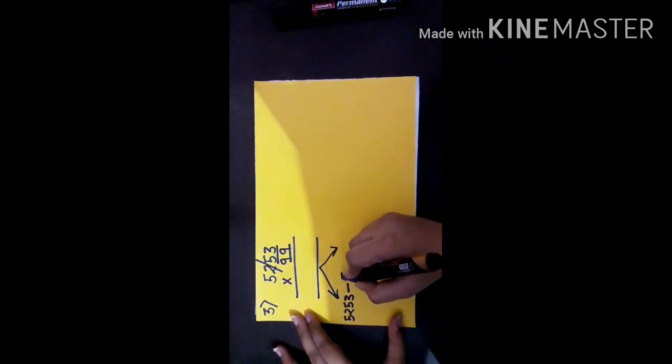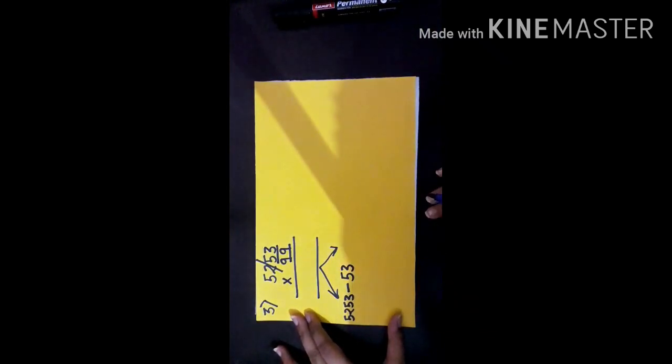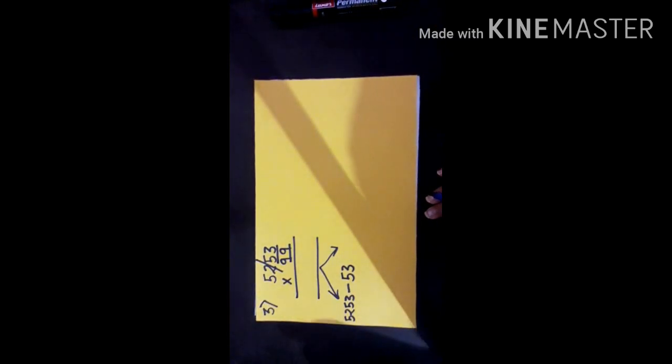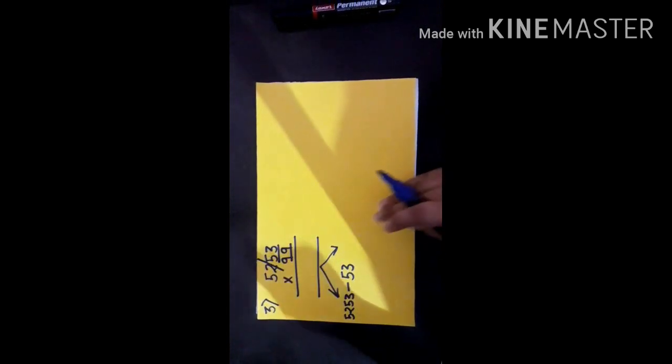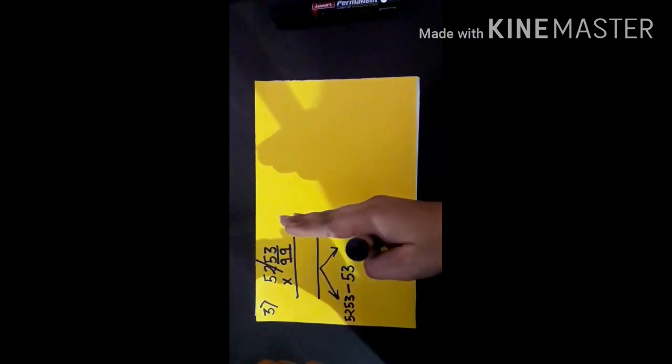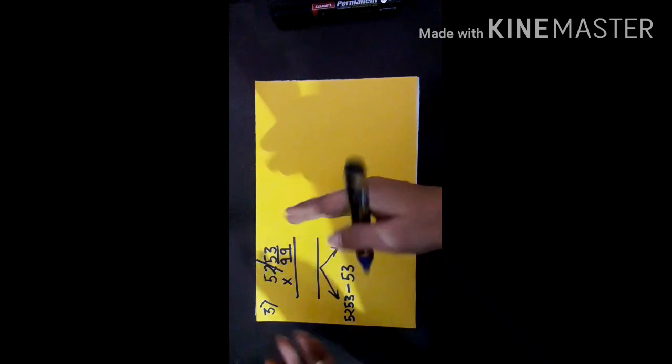1 digit up, 53. Again I am repeating the whole method: 2 digits, then mark the 2 digits, and after 2 digits one slash is there. So your multiplicand is divided into 2 parts, first and second part.